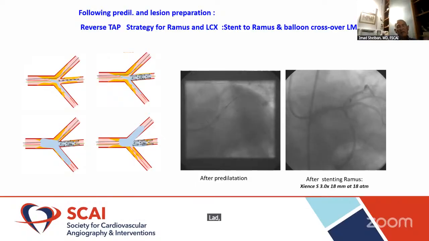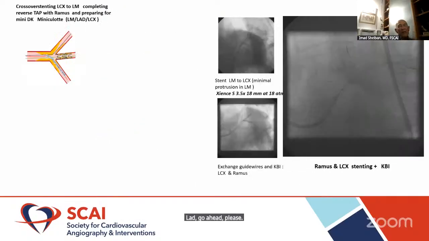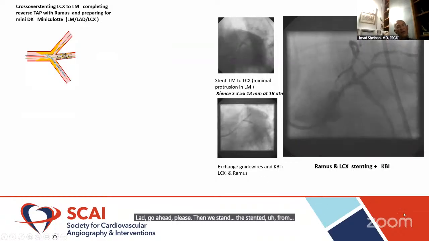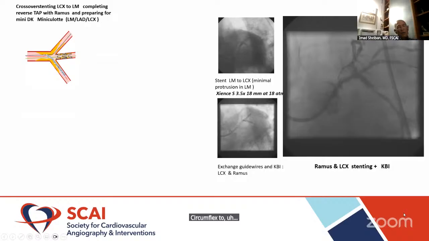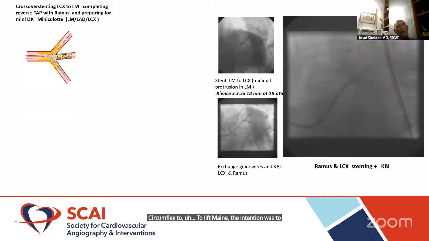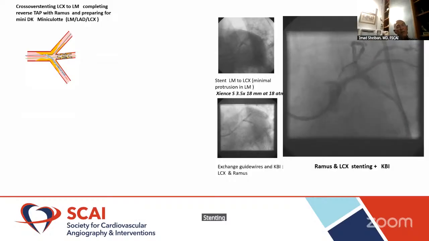Then we stented from circumflex to left main. The intention was to do culotte stenting between left main, LAD, and circumflex.